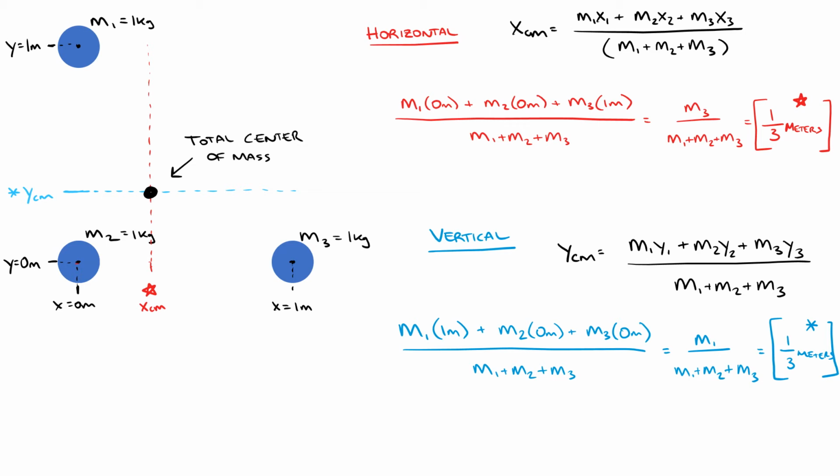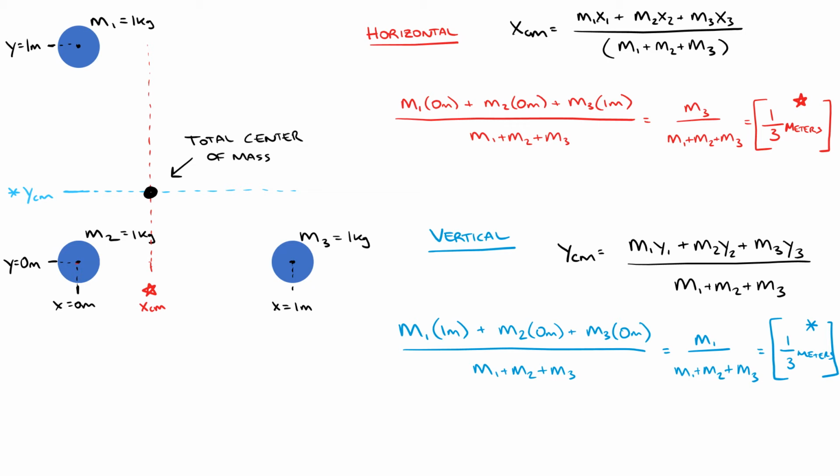Okay. They're in different positions. So let's start out by saying M1 times its horizontal location, x1, plus M2, x2, plus M3, x3, over the last thing, M1 plus M2 plus M3.